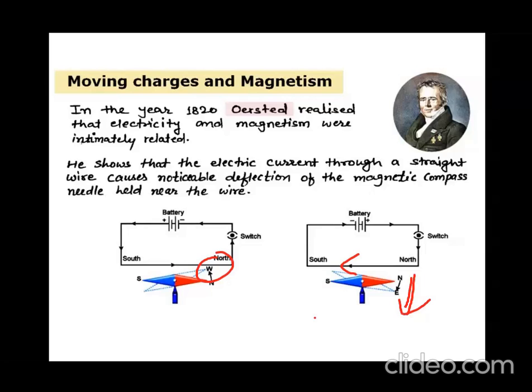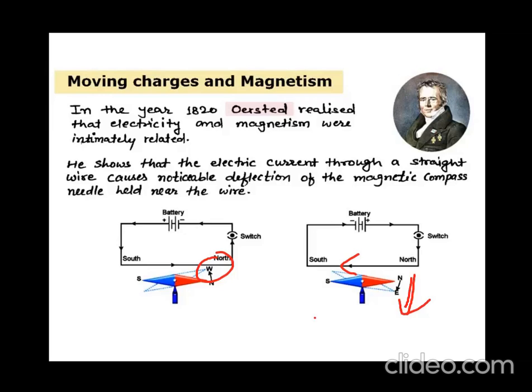Here, children, the magnetic needle is getting deflected, and we know that a magnetic needle gets deflected to show the presence of a magnetic field. So Oersted concluded that a current carrying conductor produces a magnetic field. Current creates a magnetic field in the space around it.